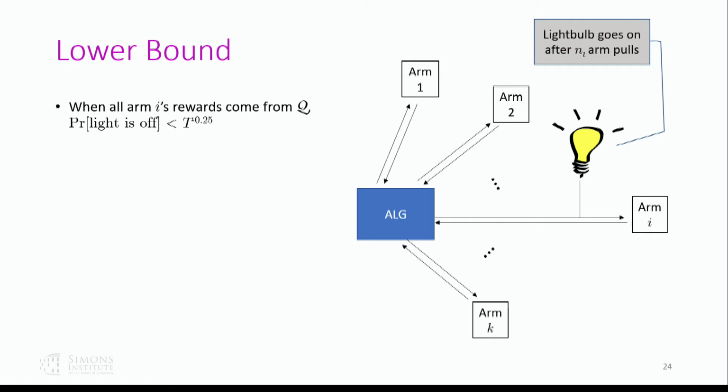And because the views up to the pull n_i are exactly the same, then also in this hybrid model, this is going to happen. Now notice that in the hybrid model, I have no idea what the algorithm does. Maybe it runs some weird complicated thing. Maybe it applies Rachel's detection mechanism and this senses a detection and says, okay, I'm going to stop and go solve the Riemann hypothesis.